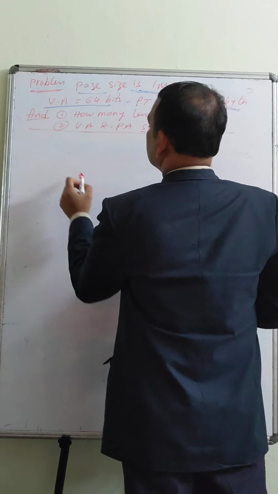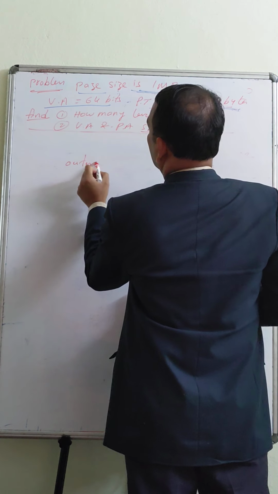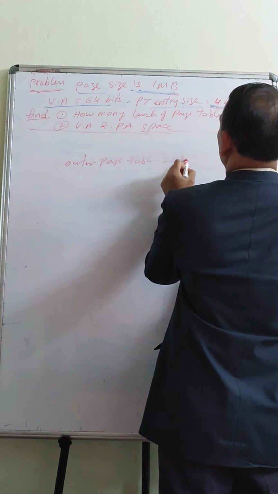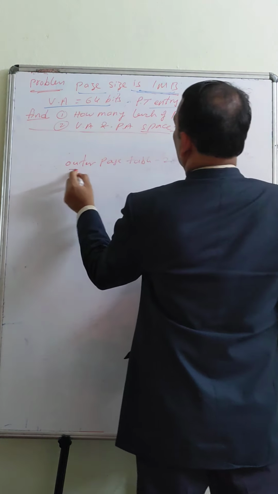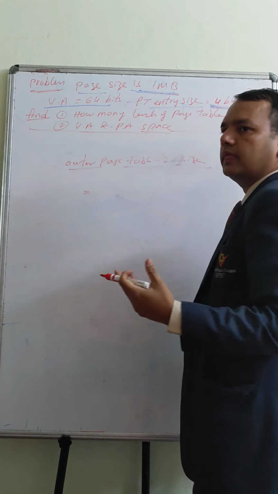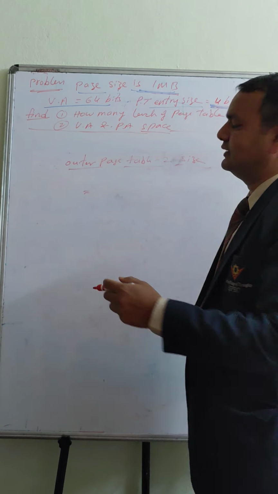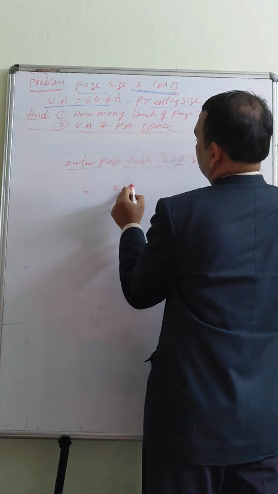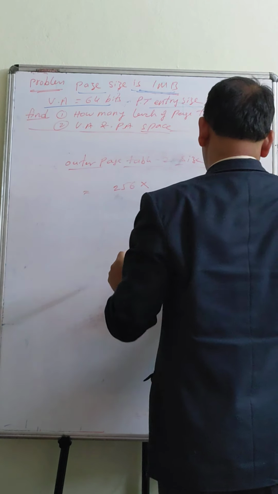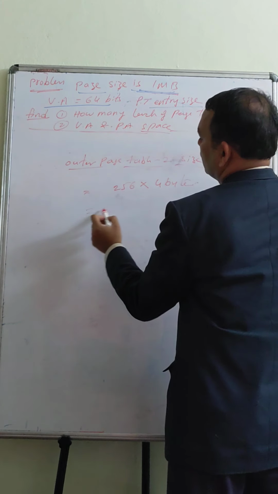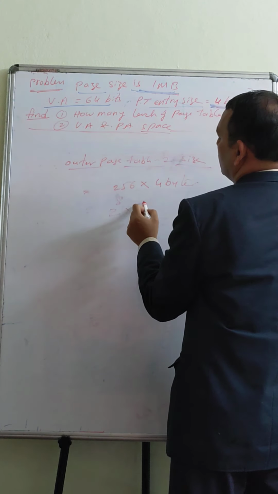Outer page table 2 size equals how many inner page table entries? 256 into 4 bytes for each entry, which equals 2 power 8 into 2 power 2.